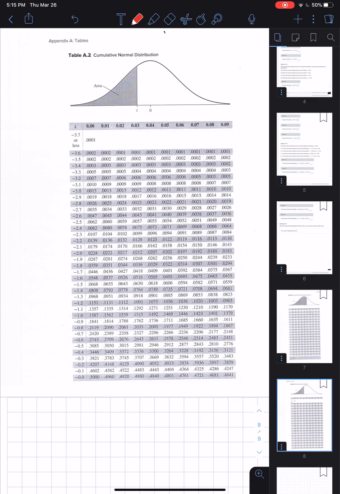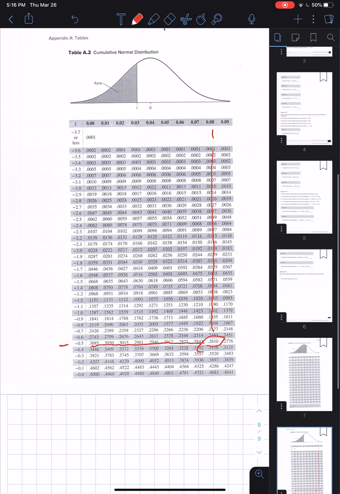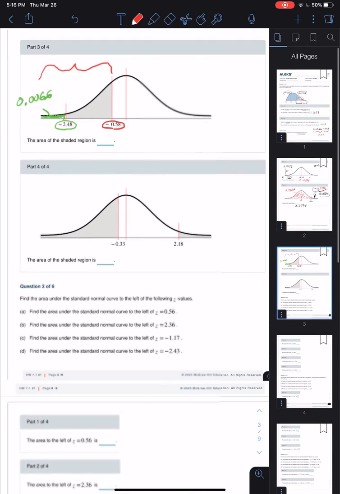Negative 0.5 is right here, and 8 is right there. So negative 0.58 is going to give me that guy, which is 0.2810.